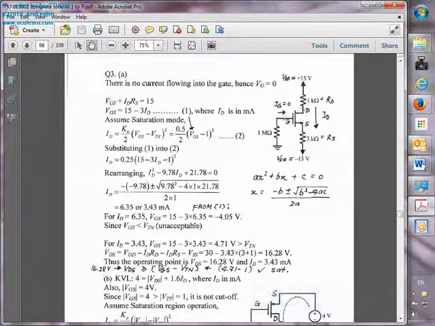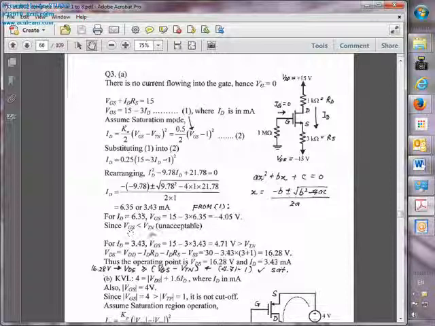As mentioned, this is an NMOS transistor. To turn on an NMOS transistor, the gate voltage has to be higher than the source voltage by VTN. And in this case, VG is 0 volt and VGS is equal to minus 4.05 volt. It is not acceptable.